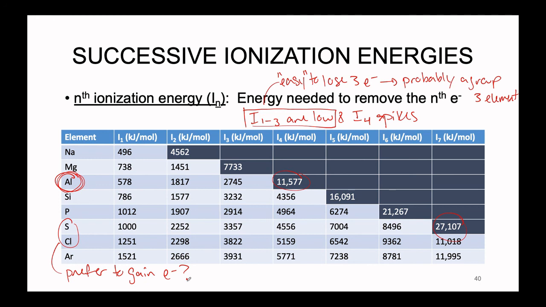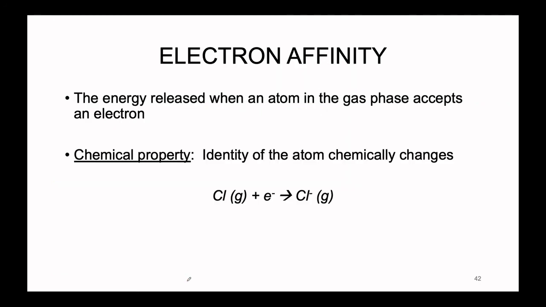But if we did want to cooperate with elements like sulfur and chlorine, which do prefer to gain electrons, how do we define the gaining of electrons as opposed to ionization energy, which by definition corresponds to the loss of electrons? Well, this corresponds to what we call the electron affinity. This is the amount of energy that is released when an atom in the gas phase accepts an electron.